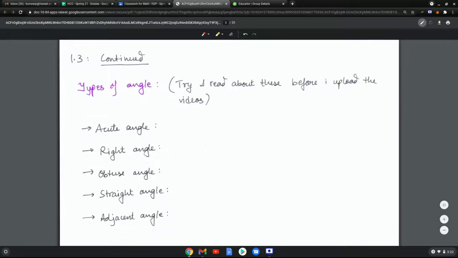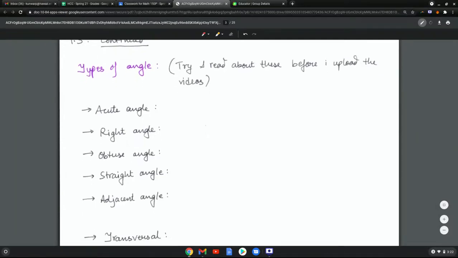Now, types of angles. Again, if you're looking at the notes, try and read about them from the book and fill this in for yourself. Even if you have not taken a look at the notes and you are on the video, you may want to pause and look at these terms. An acute angle is an angle that is less than 90 degrees. So for example, any angle I draw here is acute.